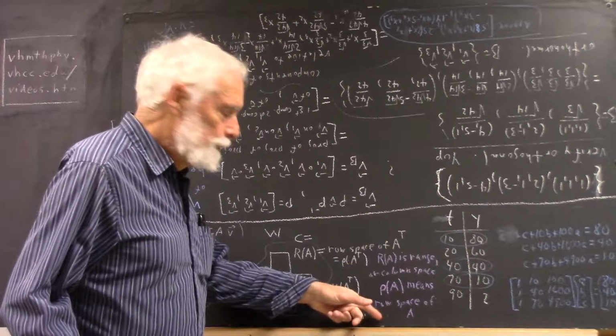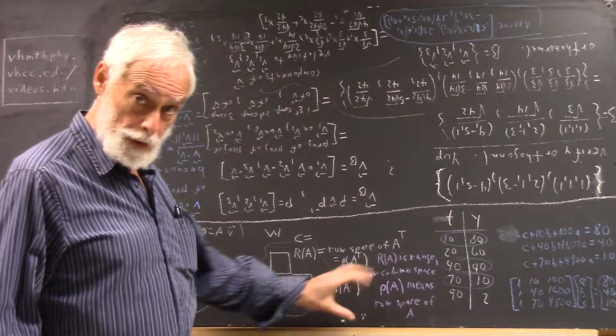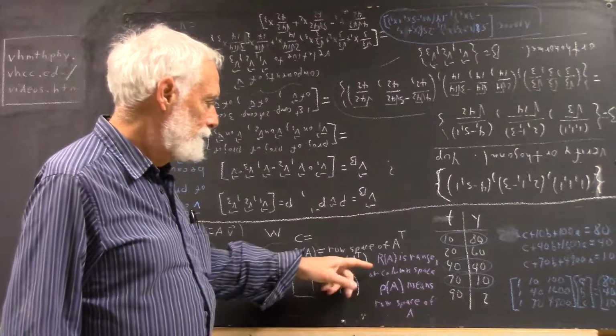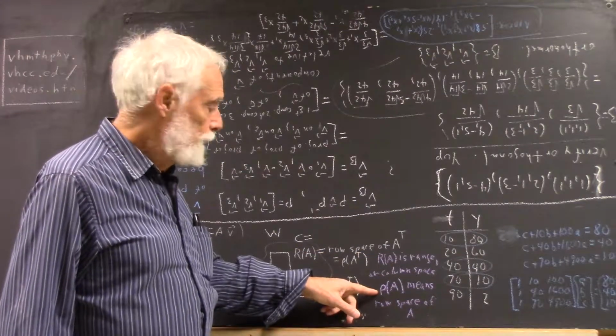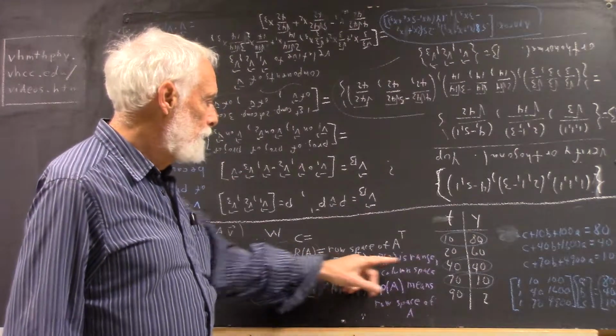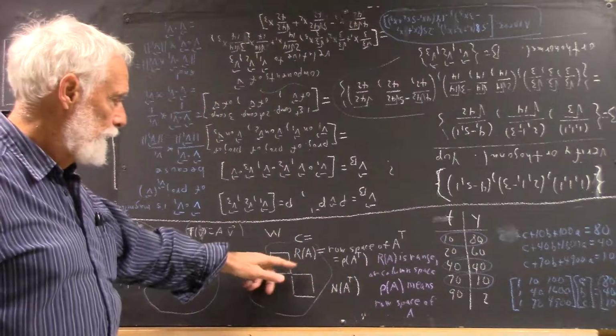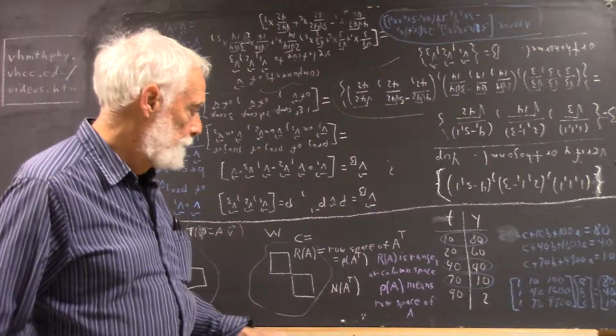A couple of quick definitions that weren't mentioned in class, or at least this one wasn't. R of A is the range or column space of the matrix A, and we see that here, and we'll explain this in a minute.